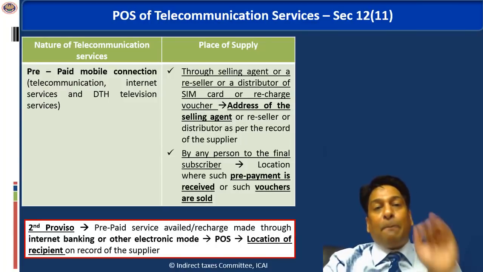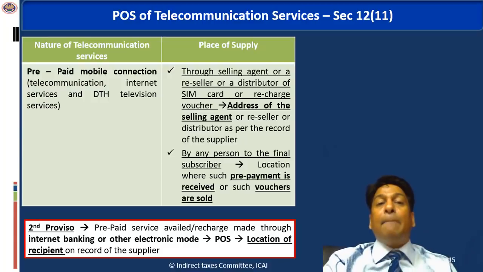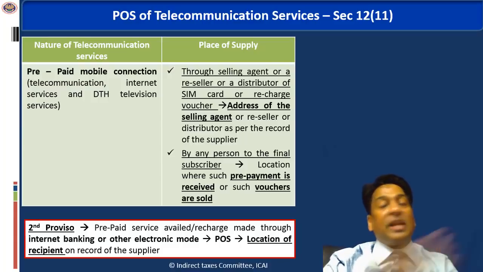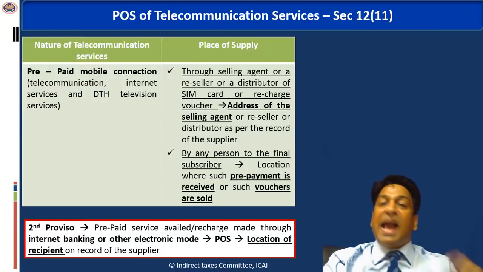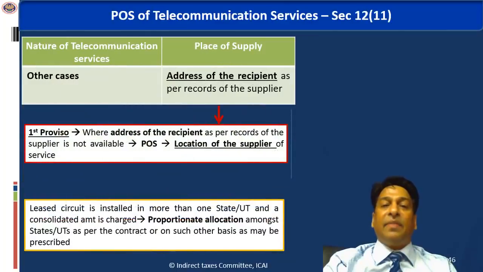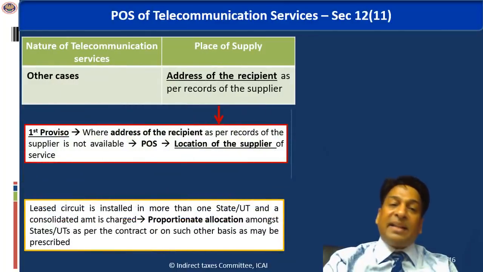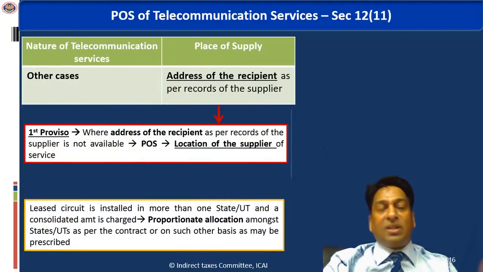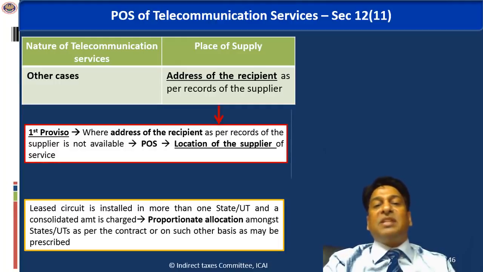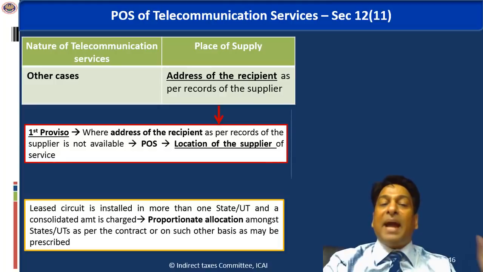So this is how we have to determine place of supply for telecommunication services as provided under Section 12 subsection 11 of the IGST Act. Now moving to other cases in telecommunication, place of supply would be the address of the recipient as per the record of the supplier.